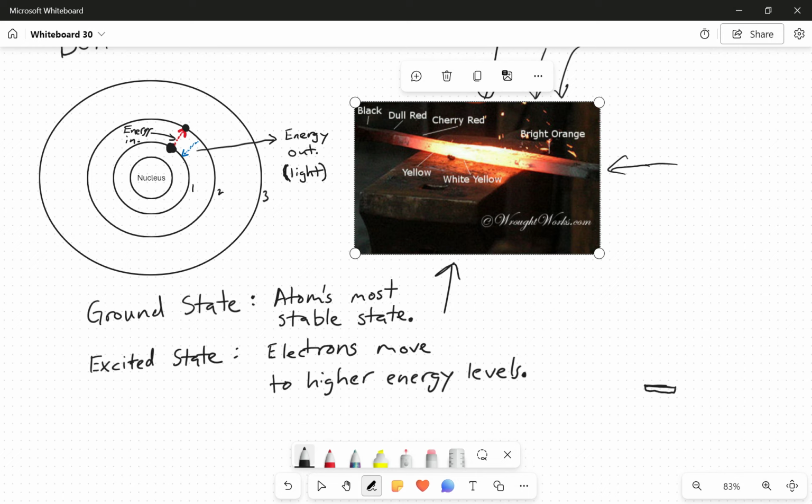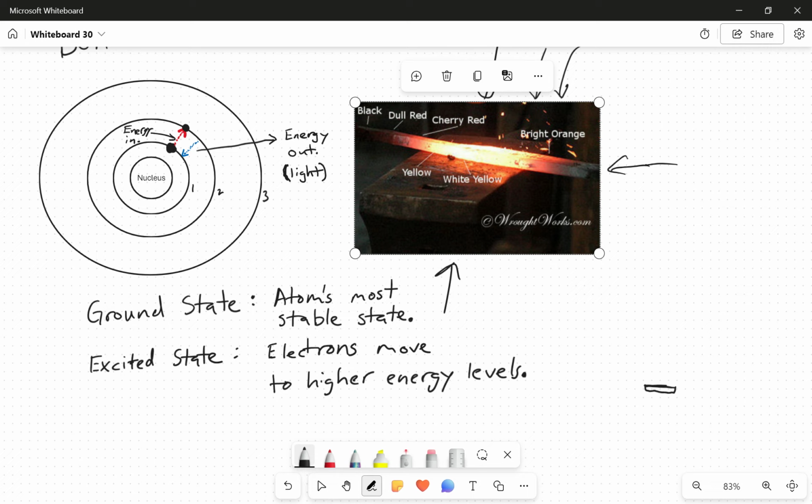Now, there's a math equation behind this, but when you mix it with Planck's work, what that means is that specific amount of energy that's released is released as a specific color of light, one color. Because a specific amount of energy is coming in and a specific amount of energy is going out, that amount of energy corresponds to one color only.